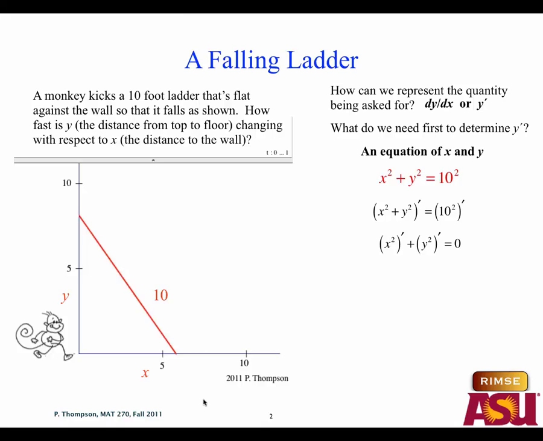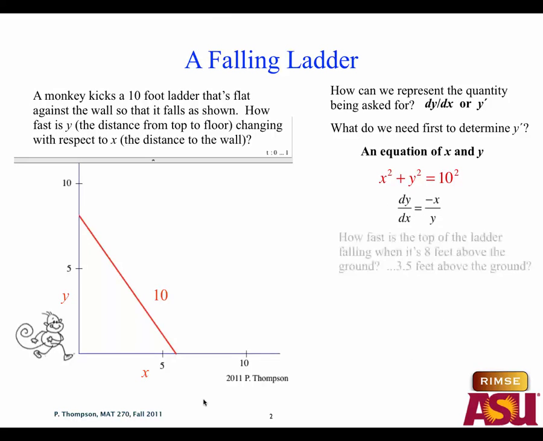X squared prime is 2x. Y squared prime is 2y times y prime, equals 0. Solving for y prime, we get minus 2x over 2y, or negative x over y. And so we could also write that that's dy dx. So this equation then tells us what the rate of change of y is with respect to x for any position of the ladder that it's in on its way down.